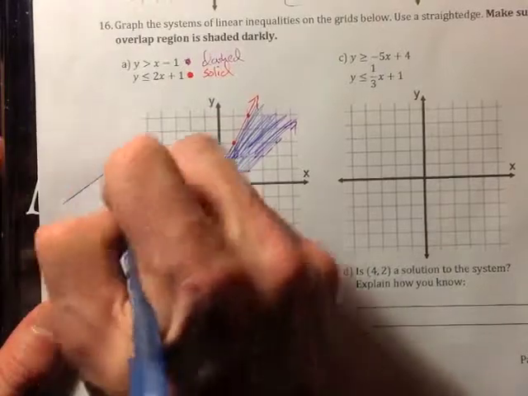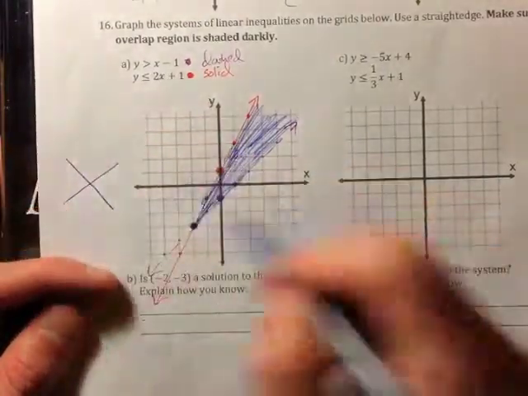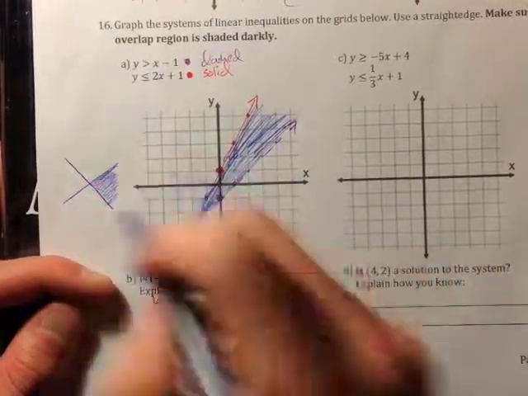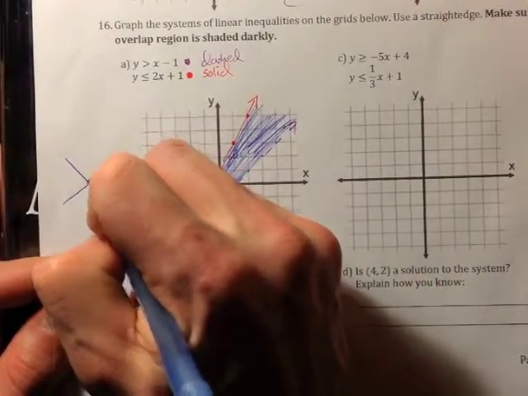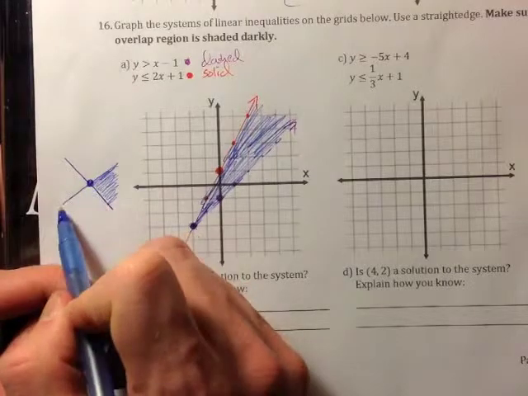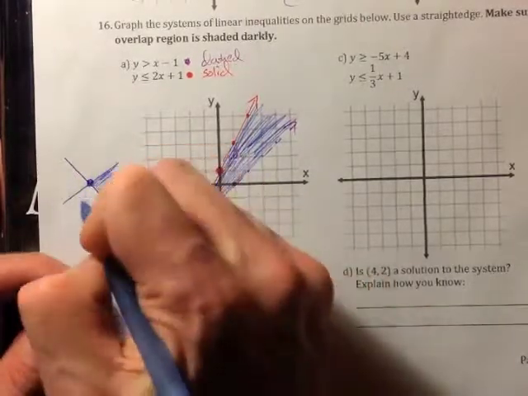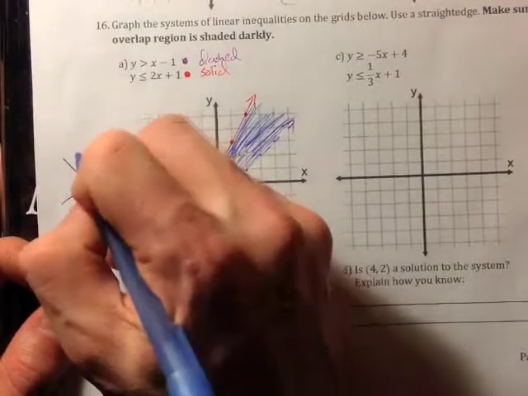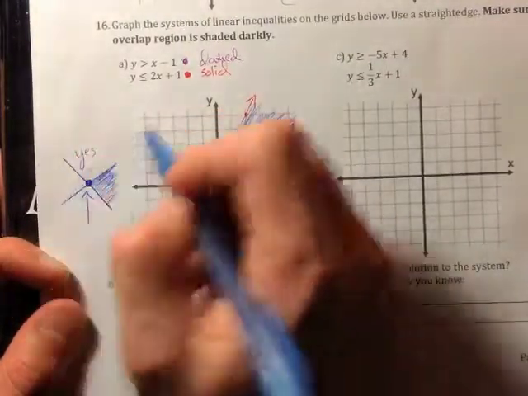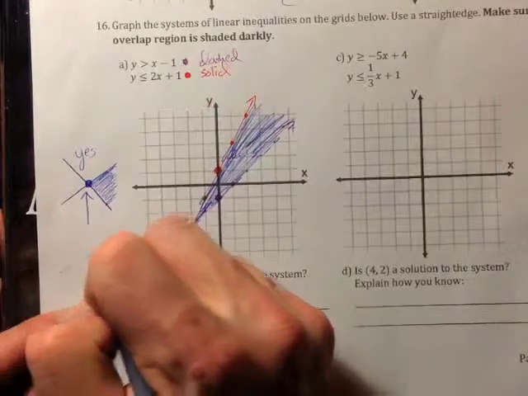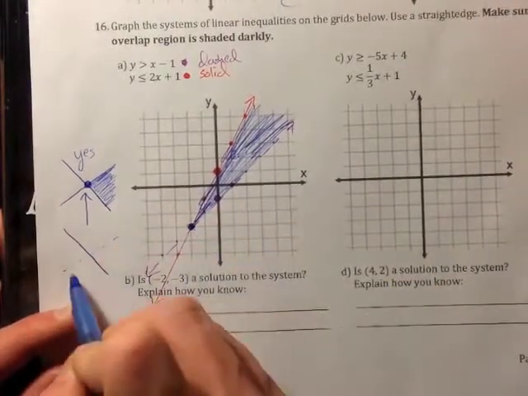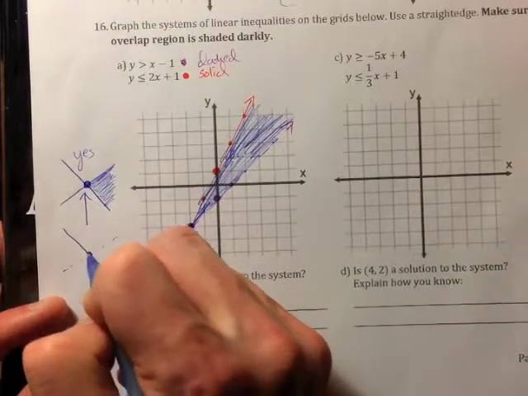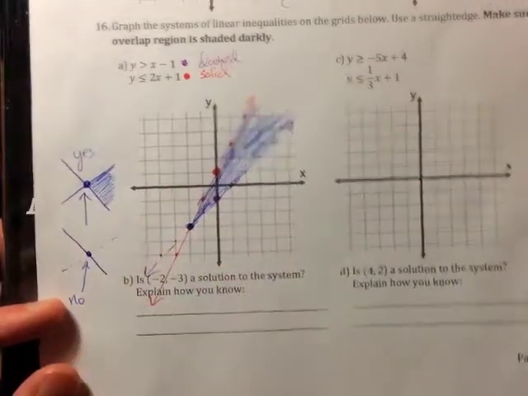So for example, if we had a solid line and we shaded over here and we asked, is the intersection point of this system of inequalities a solution to the system? In this case it would be yes, because both boundary lines are solid. But if either one of the boundary lines is dashed, that means that the intersection point is not a solution.